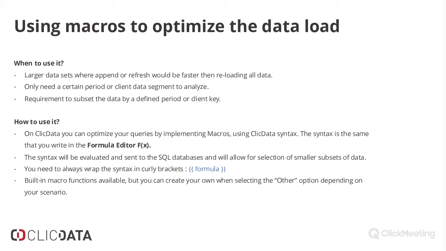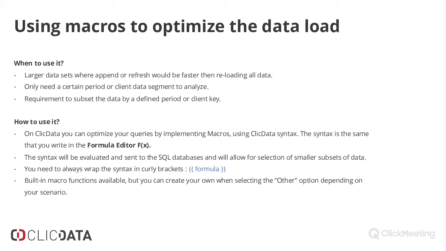Using the macros within the database query option and using the formula editor, we can apply within the where clause of your SQL statement limiting criteria to bring back only the data that you need. The formula editor syntax is evaluated and sent to the SQL database.